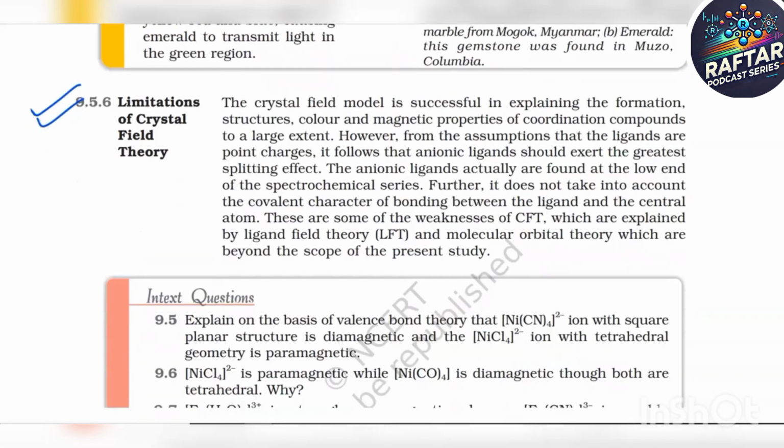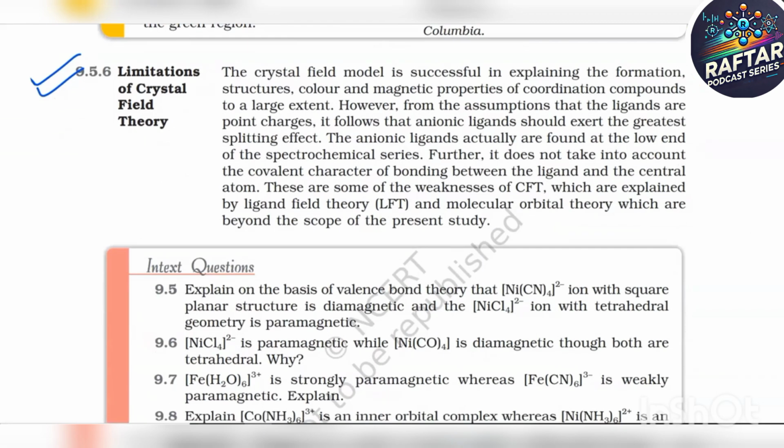5.5.6 Limitation of crystal field theory. The crystal field model is successful in explaining the formation, structure, color, and magnetic properties of coordination compounds to a large extent. However, from the assumption that ligands are point charges, it follows that anionic ligands should exert the greatest splitting effect.